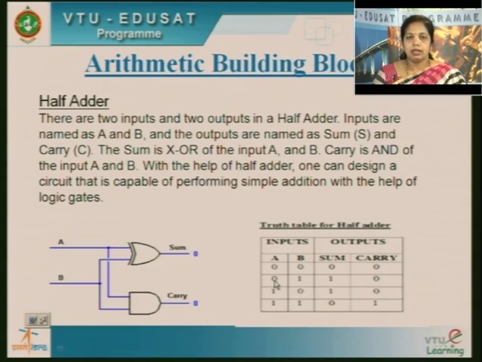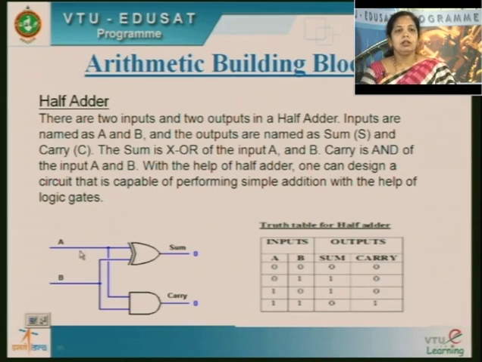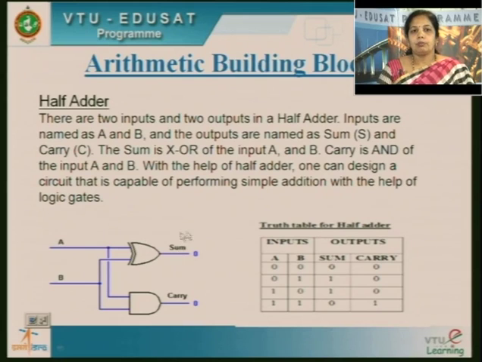The first term is A complement B, and the second is B complement A. A complement B plus B complement A is nothing but the XOR gate. As we discussed in the previous session, I will get the output sum when I XOR the 2 inputs, A and B. So my sum is generated using the XOR gate.